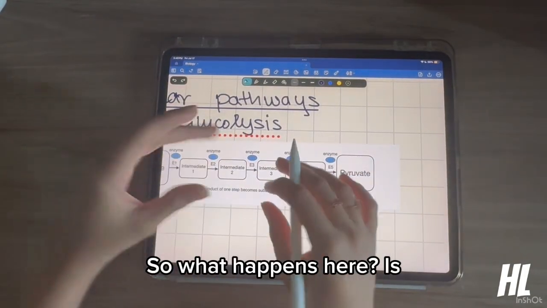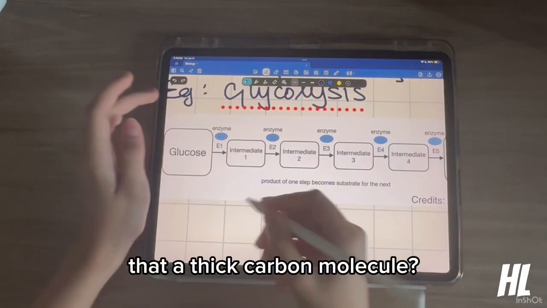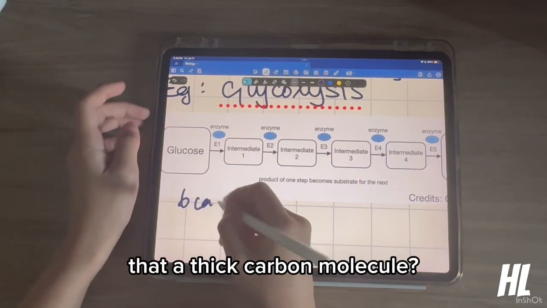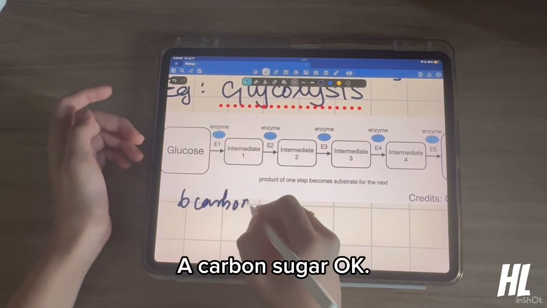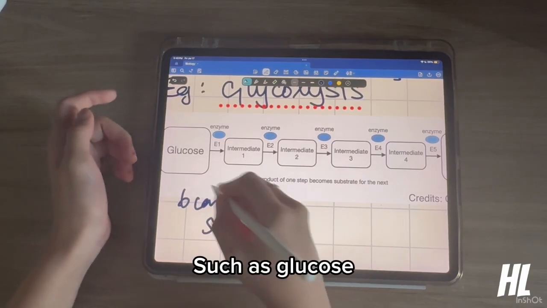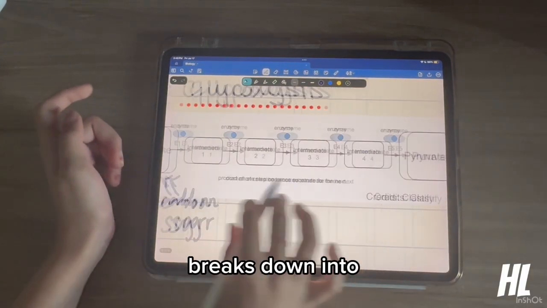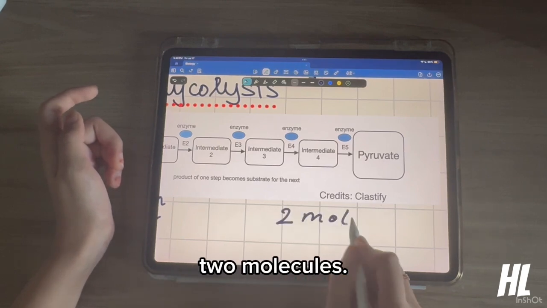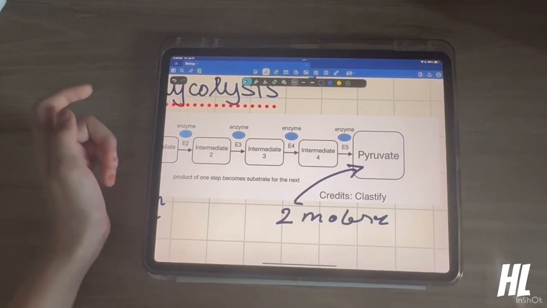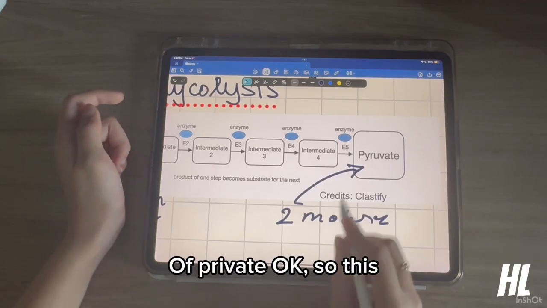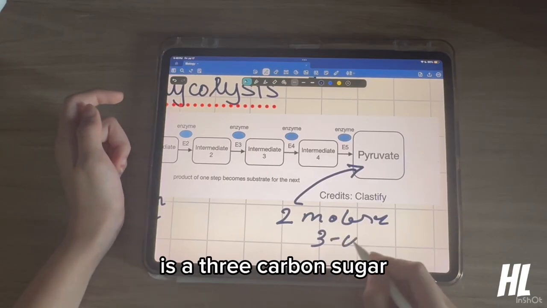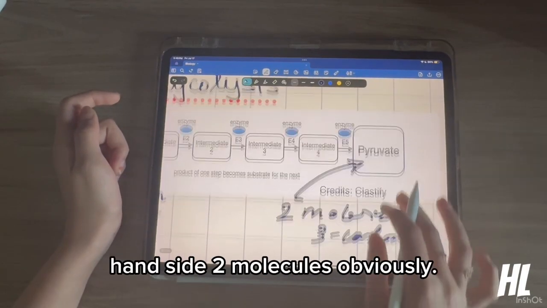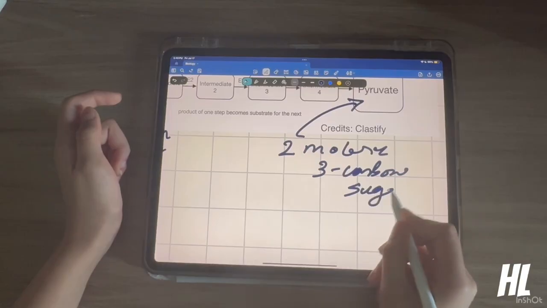So what happens here is that a 6-carbon molecule, a carbon sugar such as glucose, breaks down into 2 molecules of pyruvate. Okay, so this is a 3-carbon sugar, hence 2 molecules, obviously.